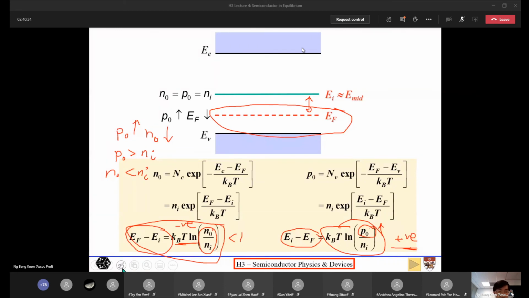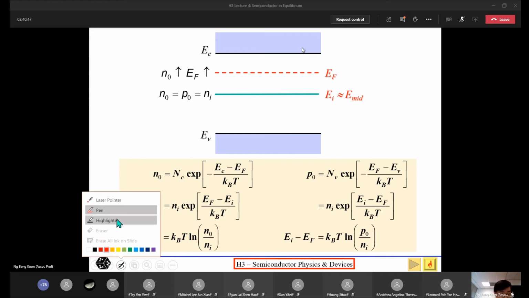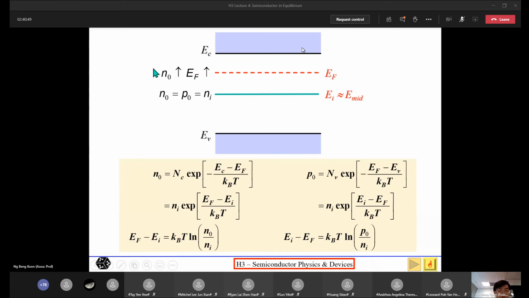Okay, so if you look at this sort of trend for N0 and P0 with EF, when N0 is large and P0 is small, we say that the Fermi level is above the intrinsic Fermi level.